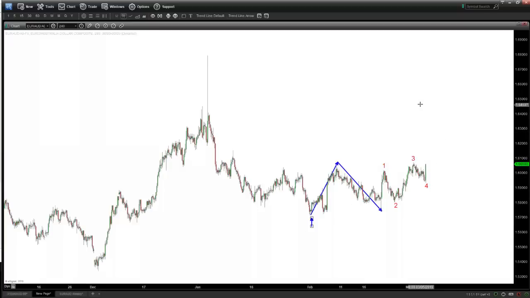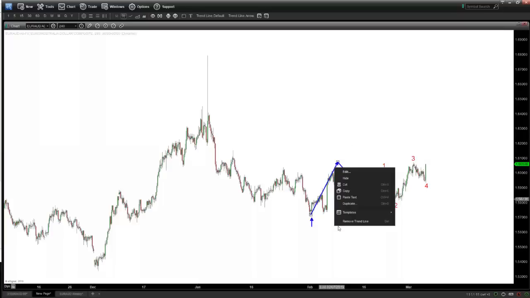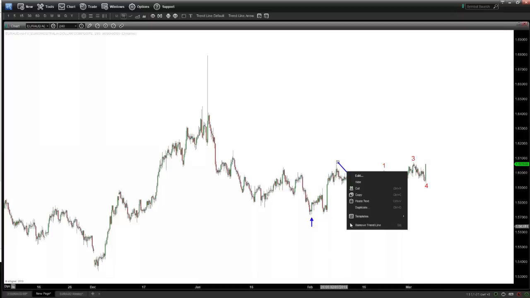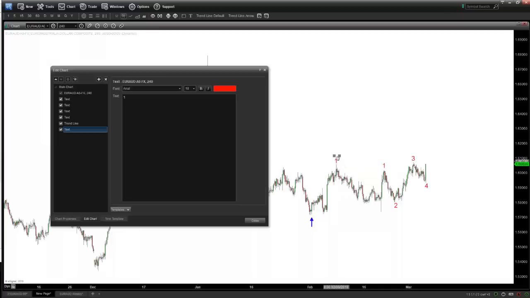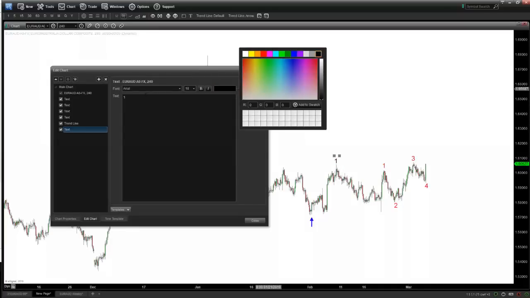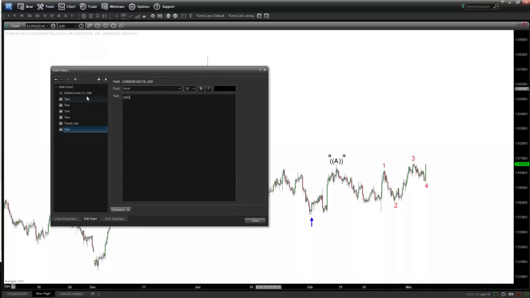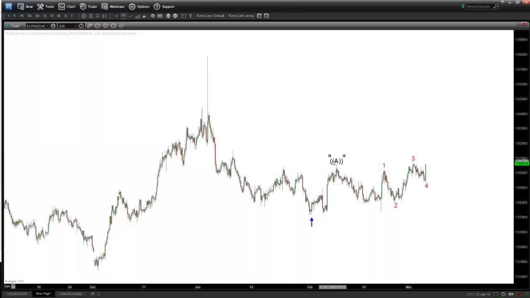So what that means is that we seem to be having either a flat or a zigzag from this low. So this would be A, and this would be B, if you want to call it a zigzag.